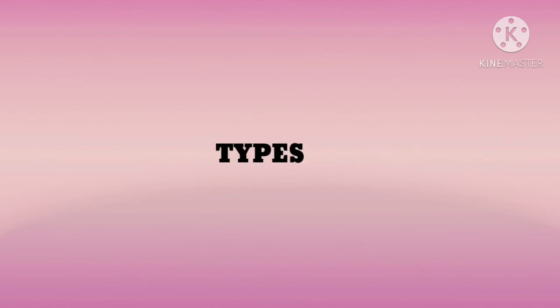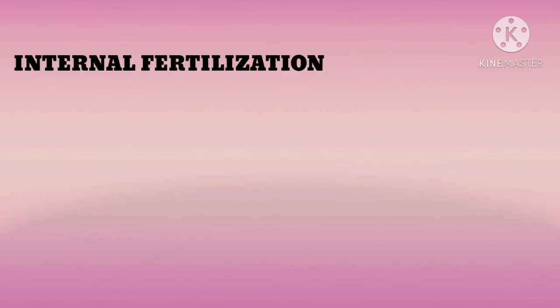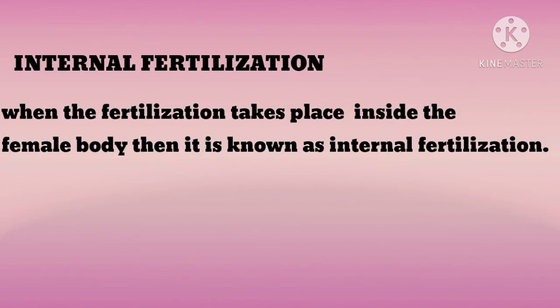Now let us see the different types of fertilization. There are two types of fertilization: internal fertilization and external fertilization. Internal fertilization: when fertilization takes place inside the female body, it is known as internal fertilization.